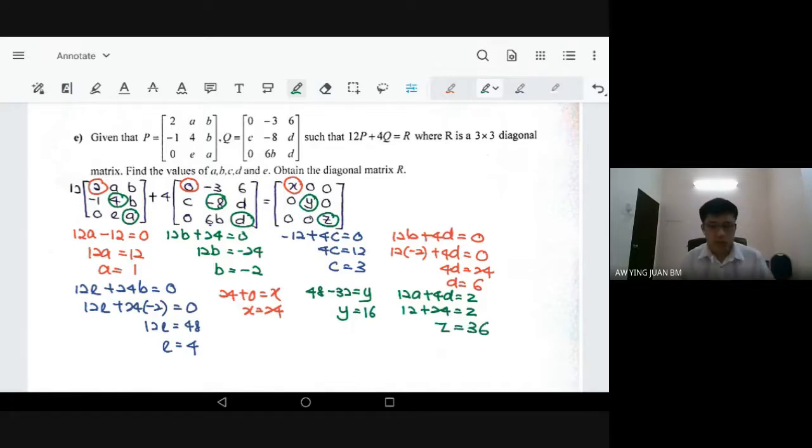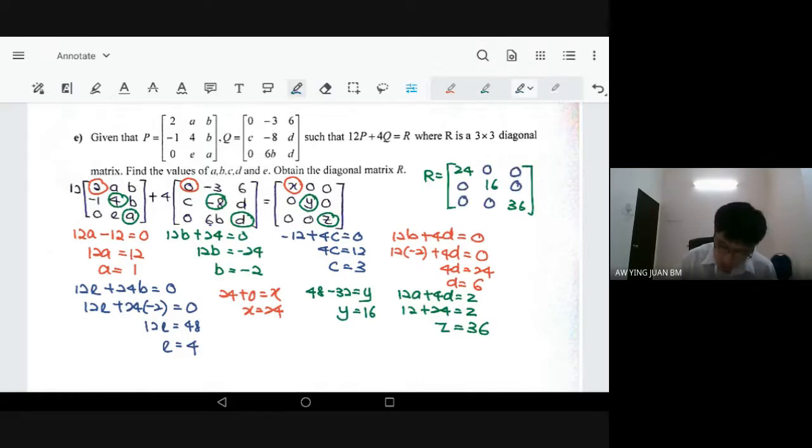So as a conclusion, we need to find the R. So R will be equals to X, which is 24, followed by 16, and then 36. So the rest is 0. That's why we call R as a diagonal matrix. So here we have the question E.